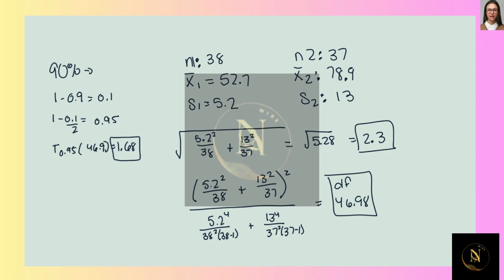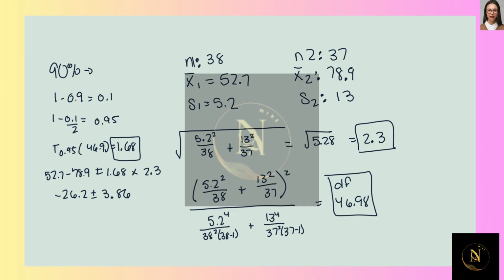Then what we're going to do is 52.7 minus 78.9 plus or minus 1.68 times 2.3. So then you have negative 26.2 plus or minus 3.86. I just did that backwards.